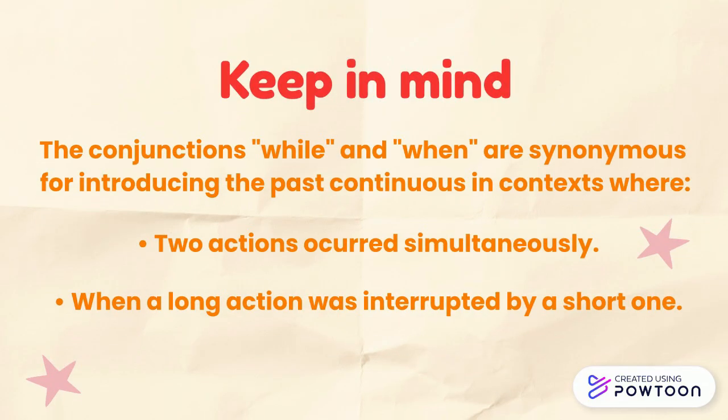Another important point is the use of while and when. These conjunctions help us connect actions in the past, in contexts where two actions occur simultaneously or when a long action was interrupted by a short one.